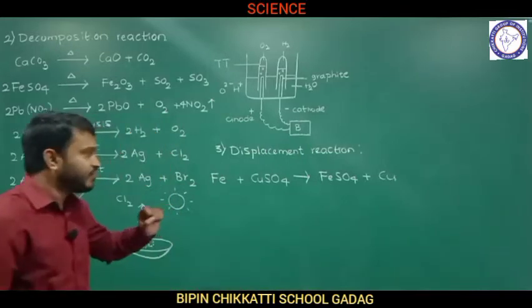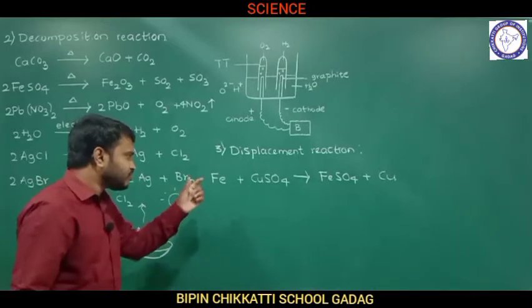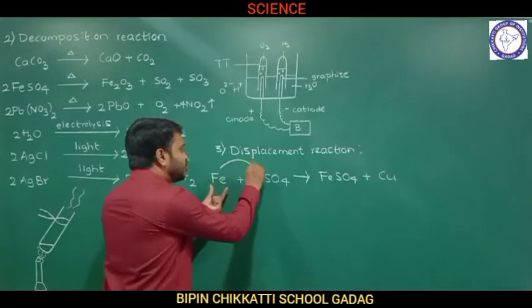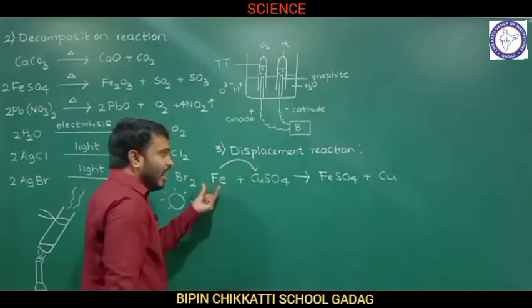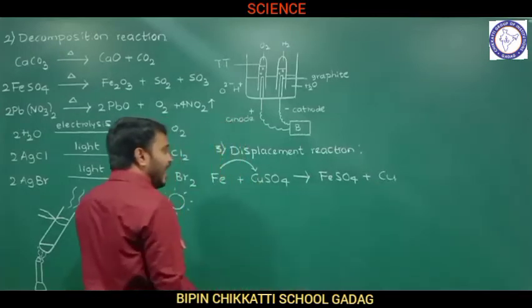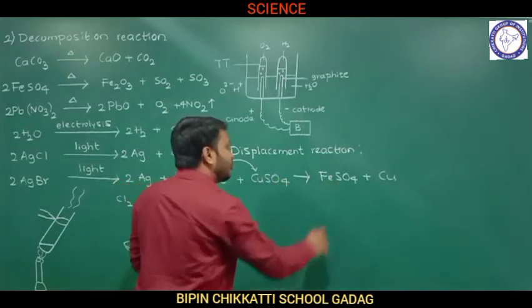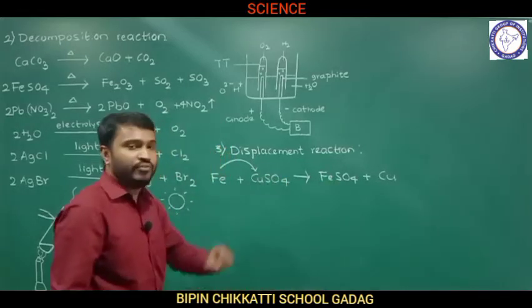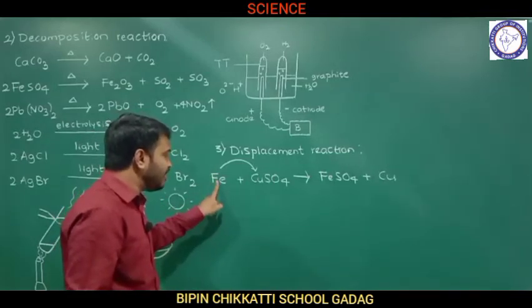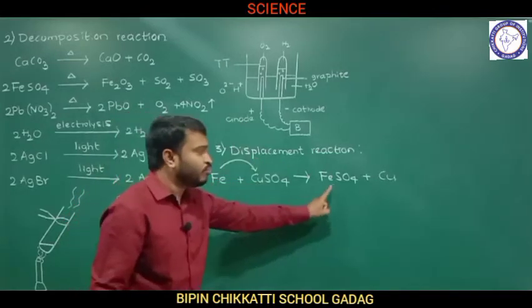If you carefully observe this reaction, iron is going to displace copper, and we get copper independent, while iron reacts with the SO4 2 minus to form FeSO4. So what happened here is that one metal or one element has displaced another element from its compound to form a new compound.